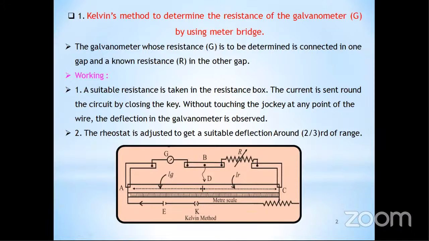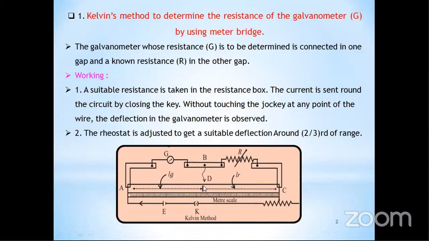When you take the suitable resistance from this resistance box and touch the jockey on different points of this potentiometer wire, suppose this point is D. At this point D, the galvanometer shows the same deflection as before. Before starting the reading, it shows a deflection of 15.